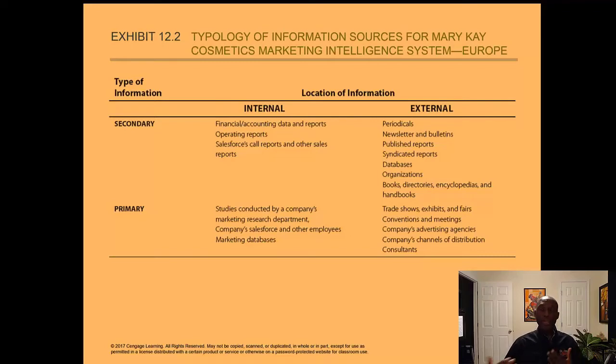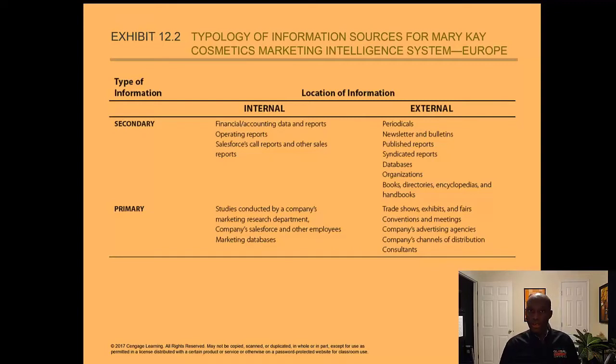Now, primary, we know the difference between secondary and primary, right? Primary is data that are collected for the first time. So you have to conduct your surveys, your interviews, you have to conduct your own study. That means your data are not only original, but it's customized to suit your problem precisely.